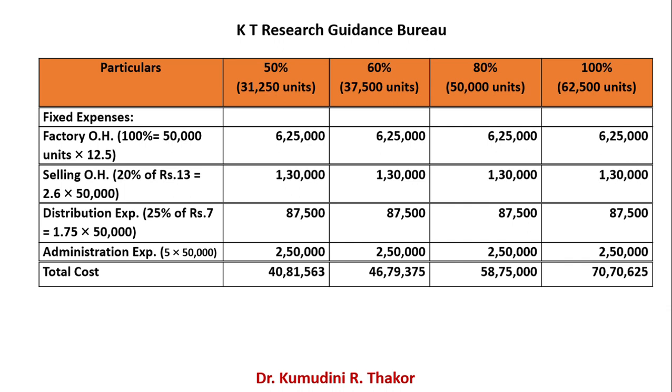So your total cost, total meaning variable plus fixed, for 50% is 40,81,563. For 60%, 46,79,375.